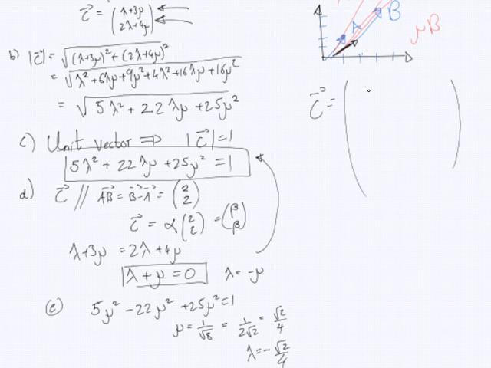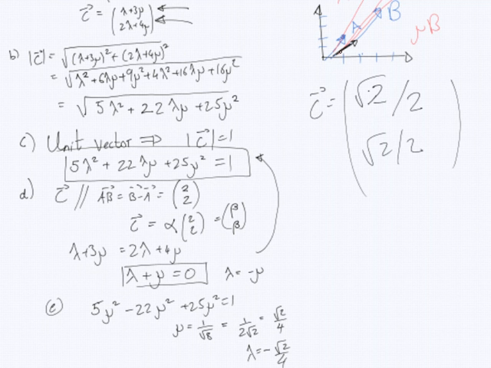Minus 2 lambda, so that's minus, where's lambda? So root 2 over 2. And then this one is 2 lambda plus 4 mu. Of course it's the same, yeah. Root 2 over 2. So, yeah, like we thought, it's a small vector down here.